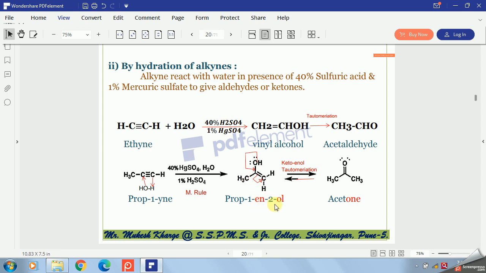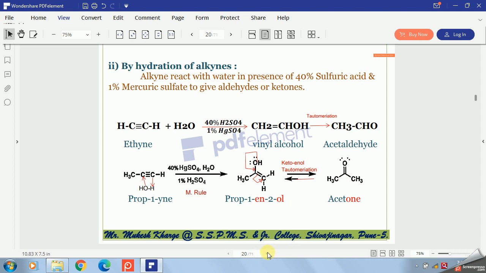So prop-1-en-2-ol, double bond on first carbon and OH on second carbon, and your product is acetone. Okay, ketone is the product. So remember this hydration, already learned.